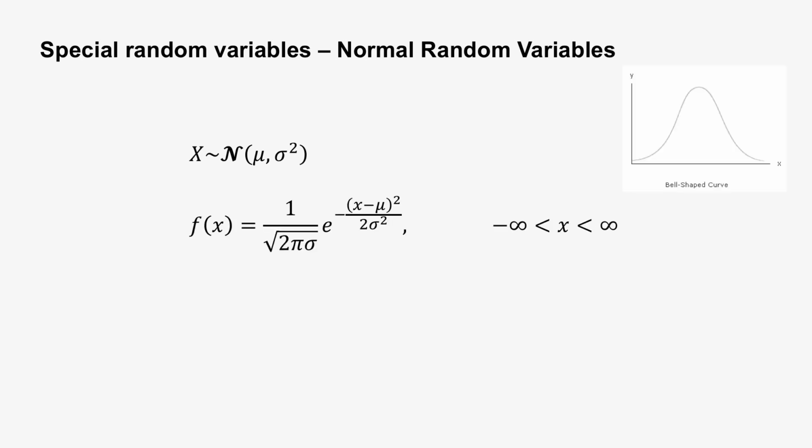Let's now look at one of the most common distributions of random variables, the normal distribution. A random variable is said to be normally distributed with parameters mu and sigma squared, and we write it in the following way. Its density is the following function.